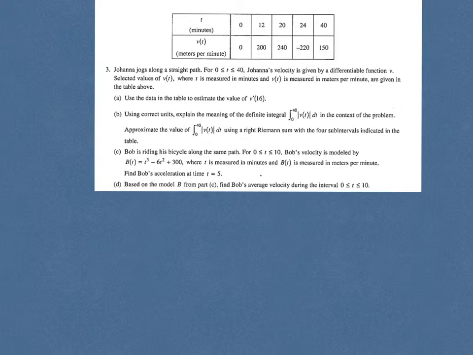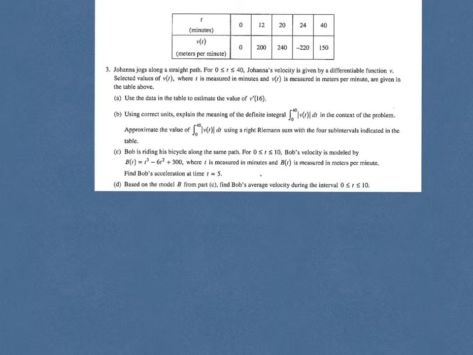Selected values of v, where t is measured in minutes, are given in the table above. At t equals 0, her velocity is 0. When t is 20, her velocity is 240 meters per second. Notice at t equals 24 minutes, her velocity is negative 220. So you've got to keep that aspect in mind. Remember, velocity gives you speed and direction.